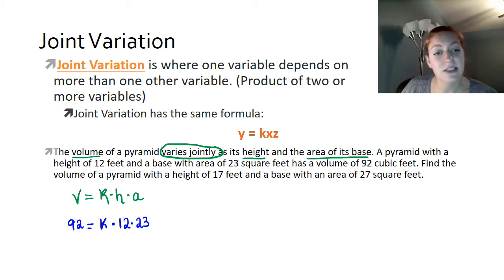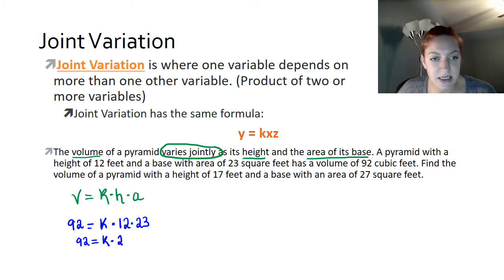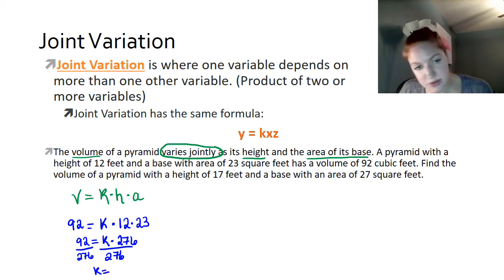Now let's go ahead and solve for K. So I'm going to simplify the right-hand side. So 12 times 23 is 276. Then we can divide both sides by 276. So what is K? 92 divided by 276.